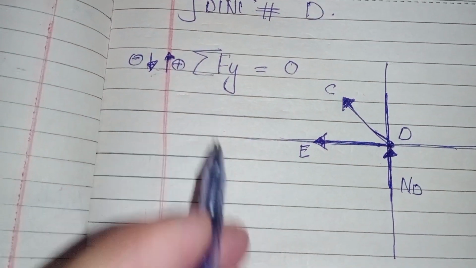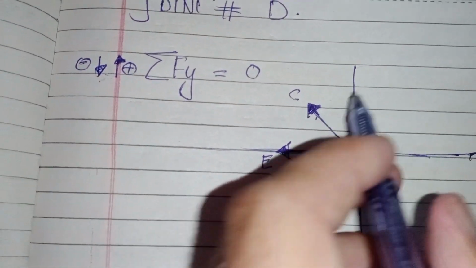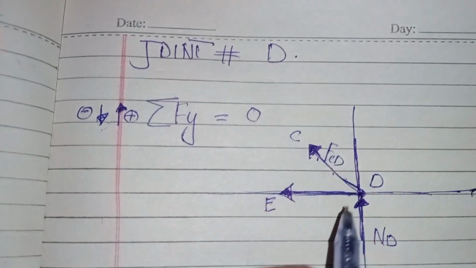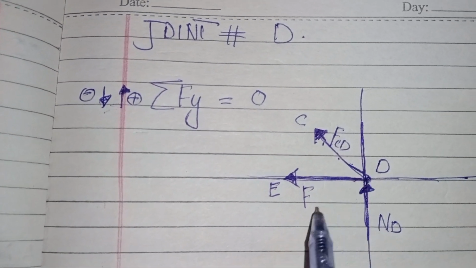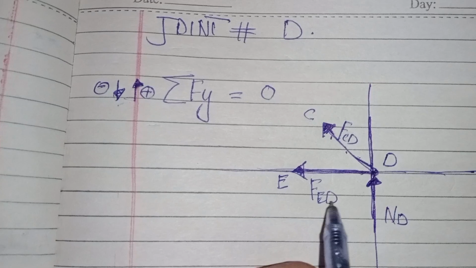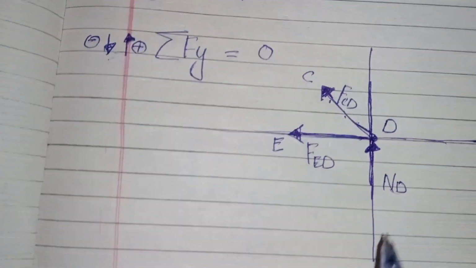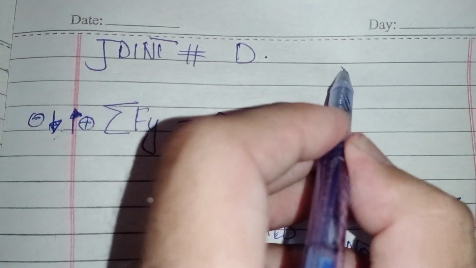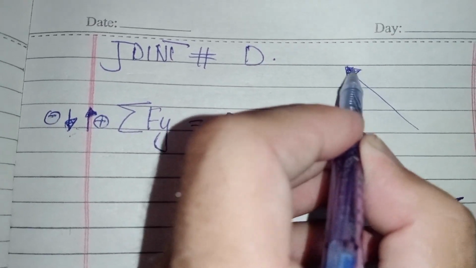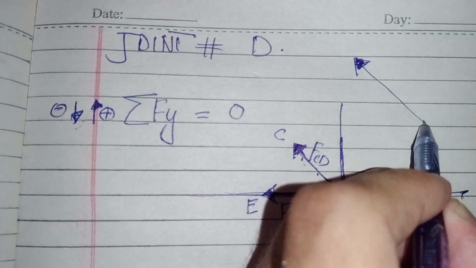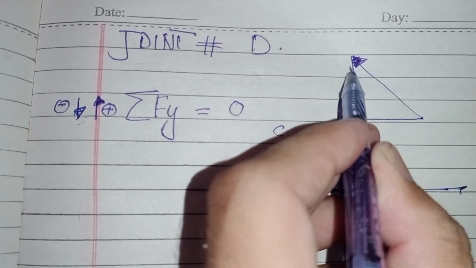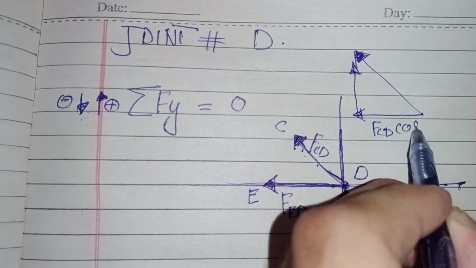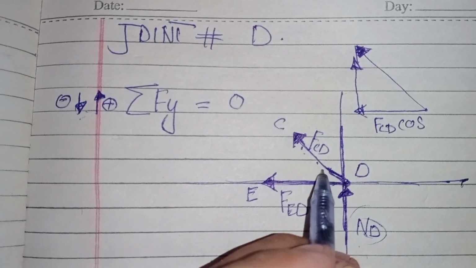First of all, I resolve this force into its components. This is FCD. This is the force in member ED or DE. This is the force at member ND, the reaction force. I want to resolve this force into its components. Horizontal component is FCD cos beta.